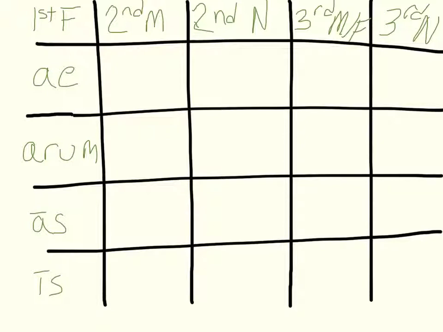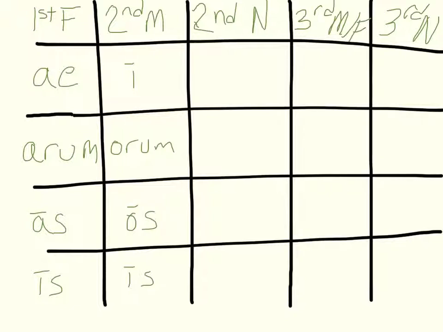Going down with the second masculine, it's going to be domini when it's nominative plural. Dominorum when it's genitive plural. Dominos when it's accusative plural. And also dominis when it is ablative plural.